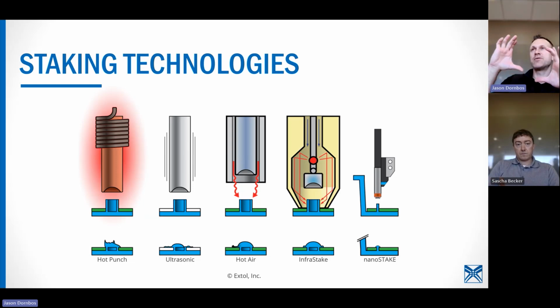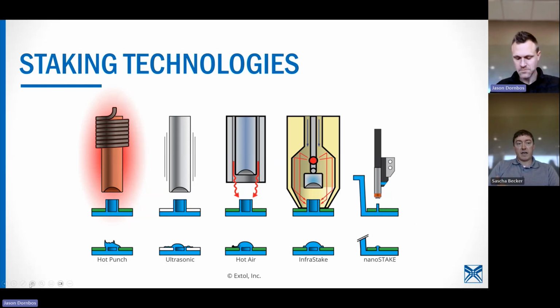We have a position sensor on the module that's measuring the final stake height, so we know, did we actually stake this boss all the way? We're also measuring the temperature, so we know we're at our operating temperature, and then when we've cooled it to an appropriate release temperature. So that's some of the differences between traditional old school hot punch and the very sophisticated nanoSTAKE technology.